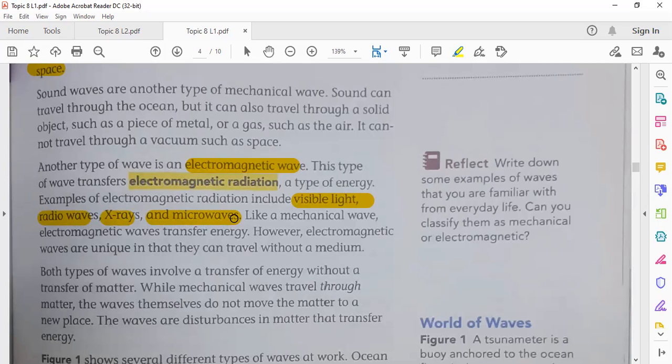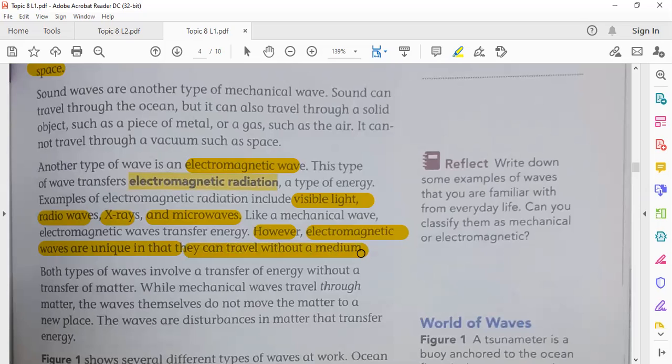Like a mechanical wave, electromagnetic waves transfer energy. As we mentioned, all waves carry energy. However, electromagnetic waves are unique in that they can travel without a medium.